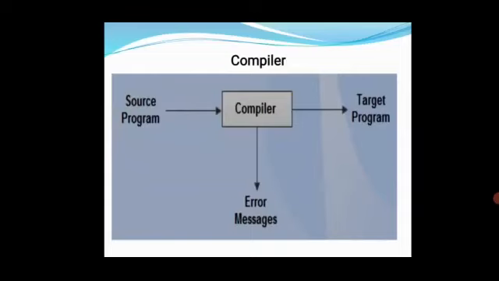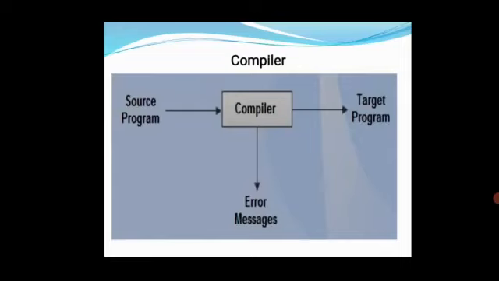But it checks the whole program. For example, if a program contains 10 lines, at a time it takes the 10 lines and converts them into the machine level. If there is any error, the compiler will produce the error message on the screen.